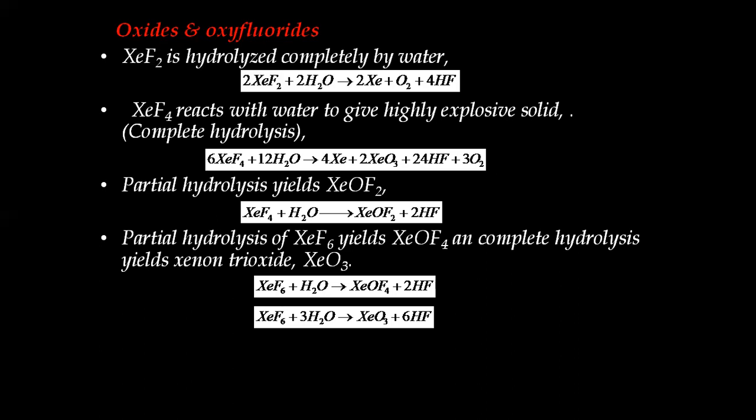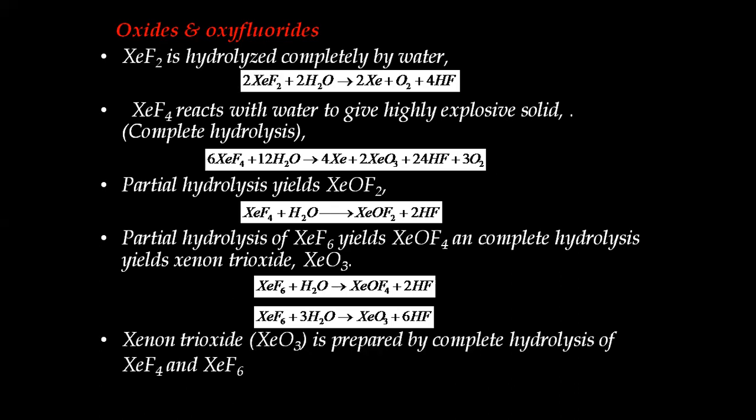So you get XeO3, that is xenon trioxide, and 6HF. So it depends upon the extent of hydrolysis; depending upon how much you hydrolyze, you get different kinds of oxides and oxyfluorides of xenon.